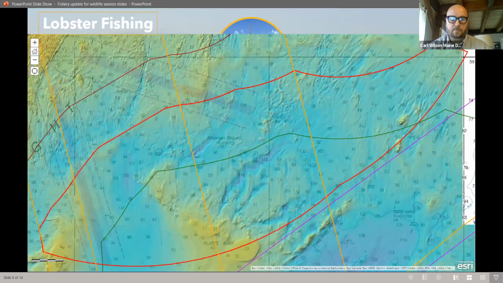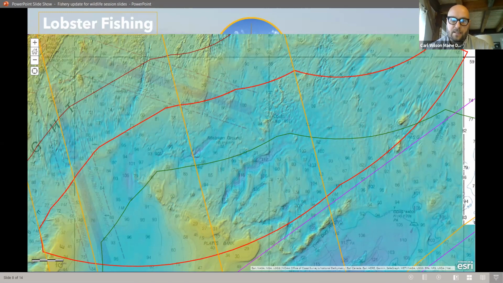However, when we talk with fishermen, what we find again is that structure is important, depth is important, and time of the year is important. And really, what we've heard is that down to 90 fathoms or so, if we were to site this inside or shallower than 90 fathoms, we're going to run into significant conflicts with the lobster fishery.